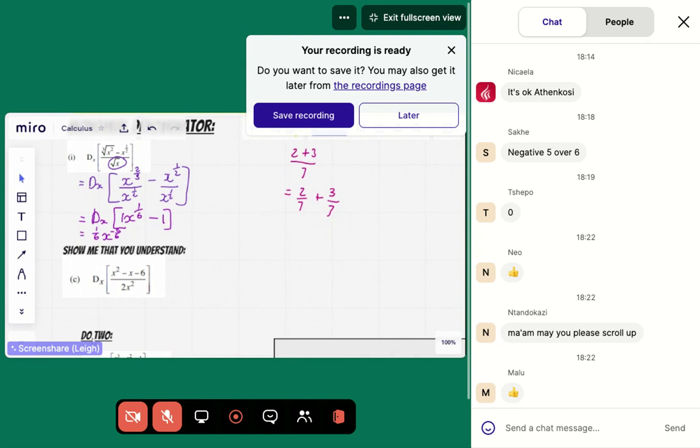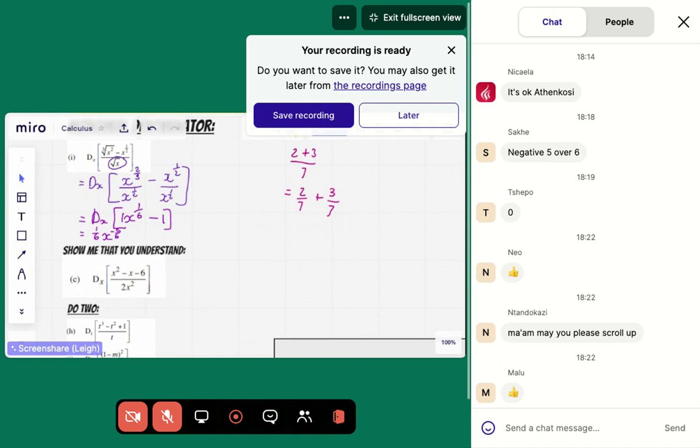Okay, so I got one thumbs up from, I think it was you, Neo. If that is indeed the case, then I was going to suggest you could try question H, but maybe you want to hang on and do something a little bit more difficult.